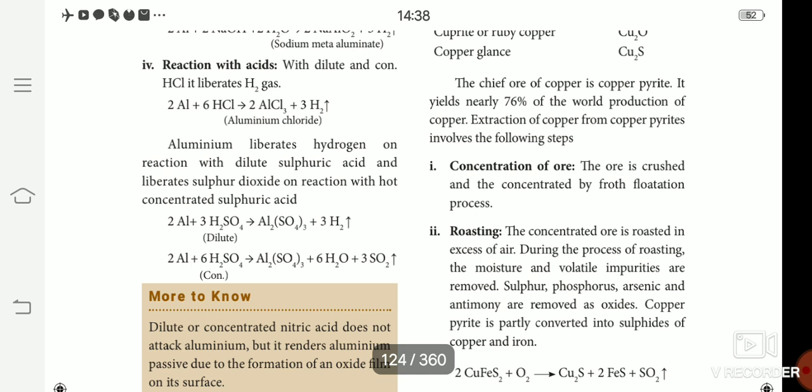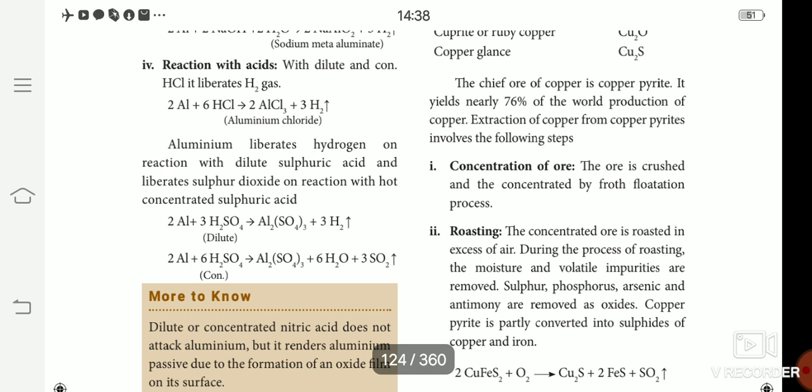Next is the roasting process. The concentrated ore is roasted in excess of air.